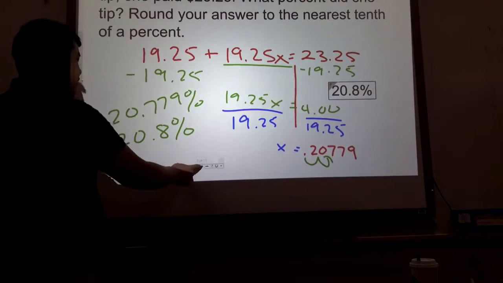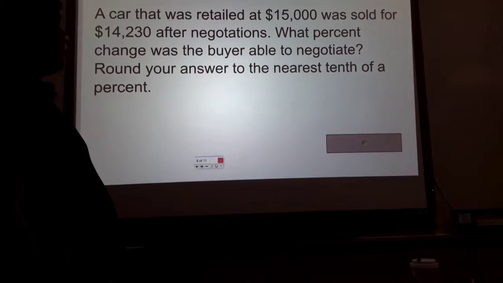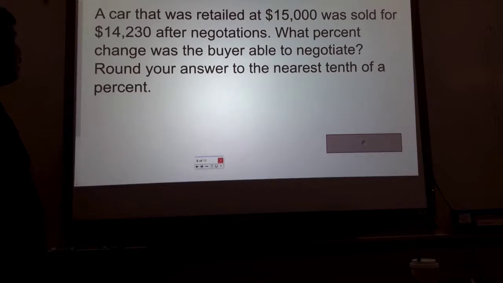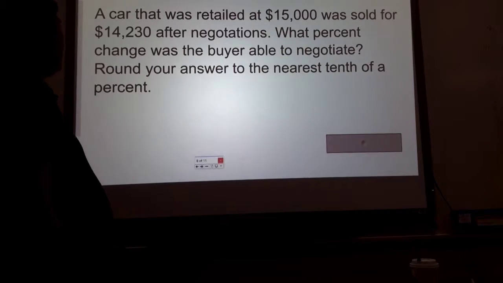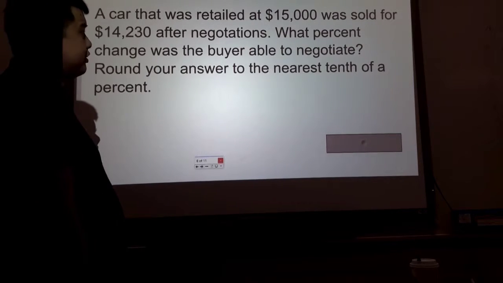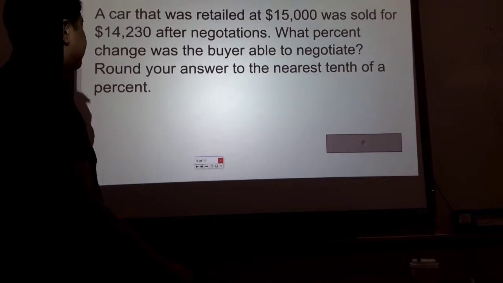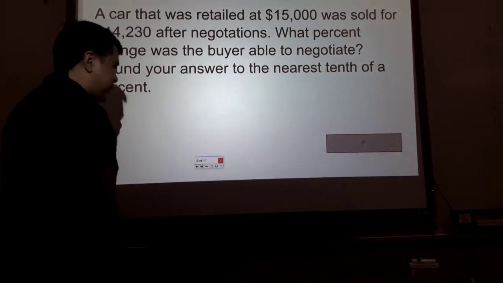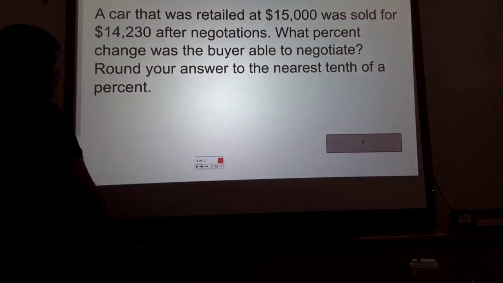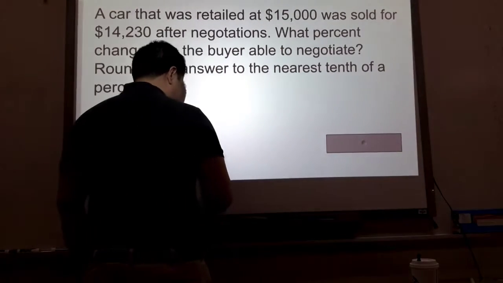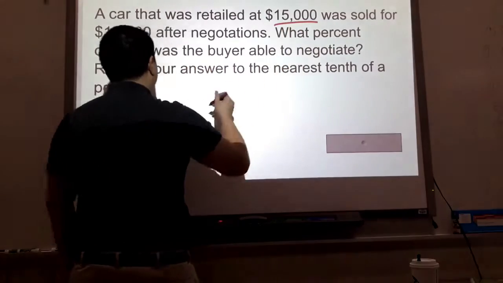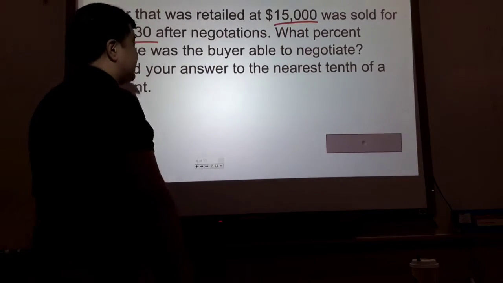The next one we're going to do is this one right here. A car that retailed for $15,000 was sold for $14,230 after negotiations. What was the percent change that the buyer was able to negotiate? Round your answer to the nearest tenth of a percent again. So our initial value is 15,000. Our final value is this one right here.